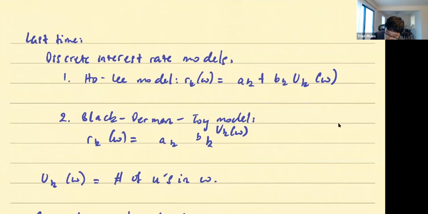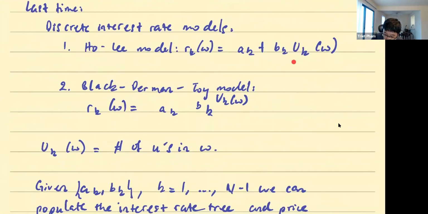Okay, so maybe walk back. Discrete interest rate models: we have the Ho-Lee model, or the Black-Derman-Toy model, where the way that our interest rate is related to a binomial tree is via this U_k random variable that counts how many U's in omega, up to time k.